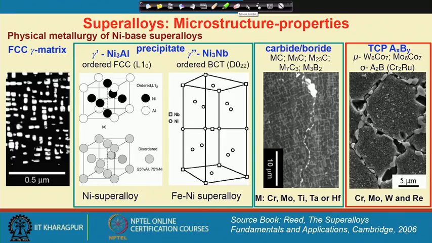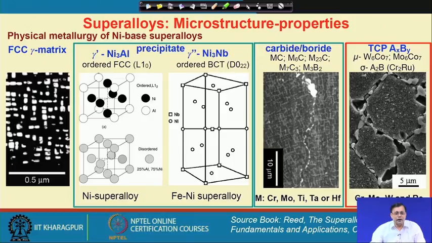If we would like to see the wide range of microstructural constituents that are possible in nickel based superalloys, from the left hand side we have an FCC gamma nickel matrix, where many different elements cause solid solution strengthening.